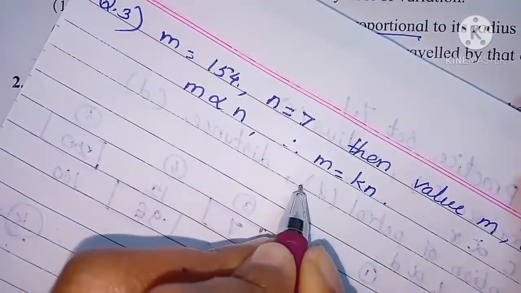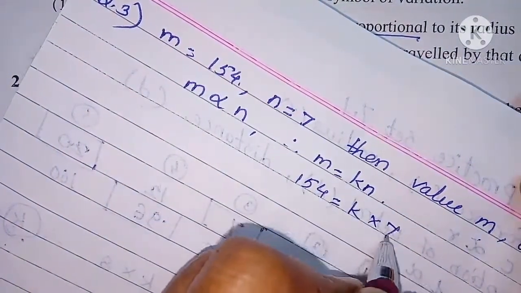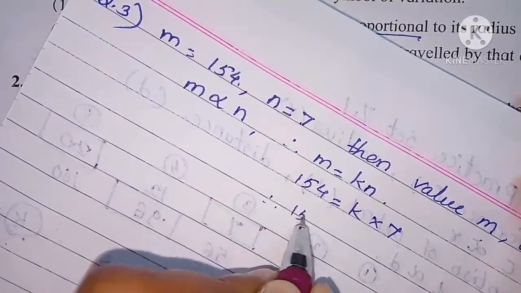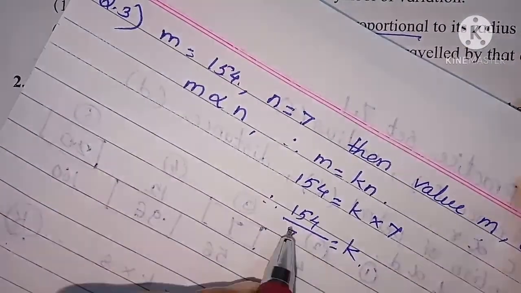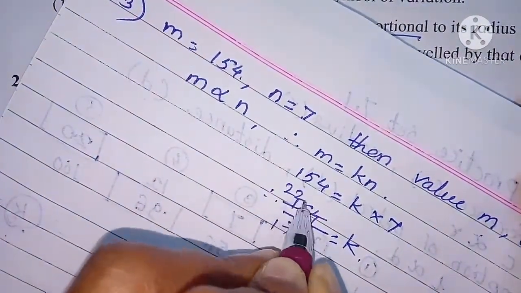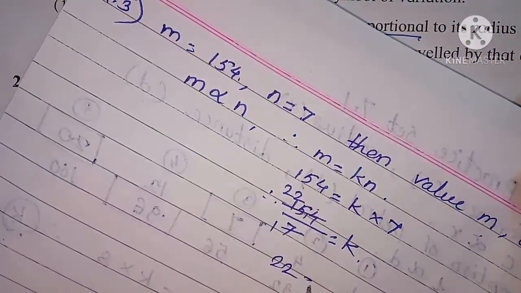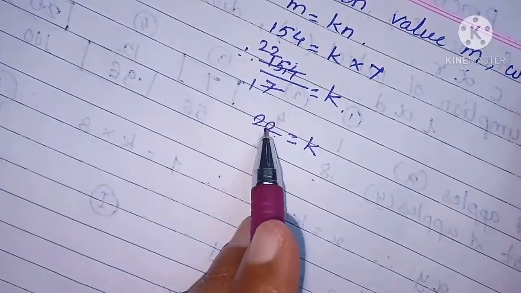So here m is equal to 154 is equal to k into 7. Therefore 154 upon 7 is equal to k. So divide by 7. 7 2s are 14 and 7 2s are 14. So 22 is equal to k.